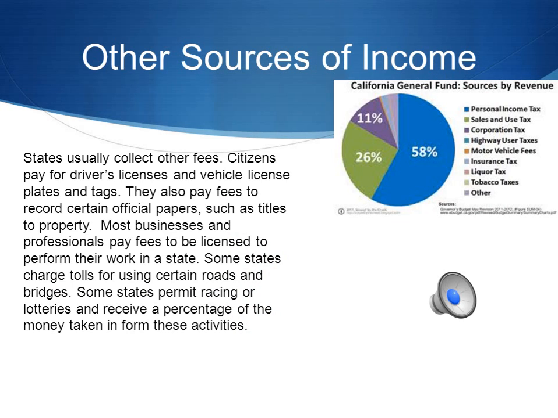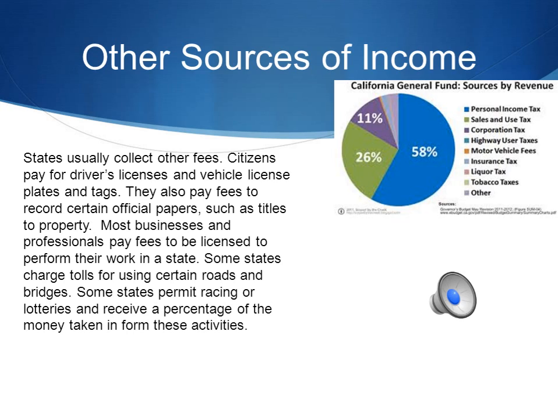What are the other sources of state income? Well, states usually collect other fees, for instance, when you pay for your driver's license or when you pay for vehicle license plates and tags. There are also fees to record certain official papers, such as titles to property. And most businesses and many professionals pay fees to be licensed to perform their work in a state. So some states charge tolls also for using certain roads.